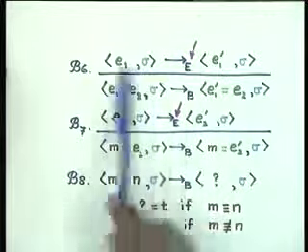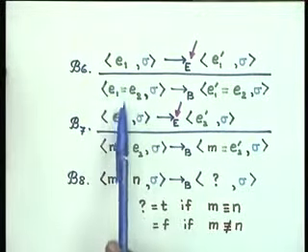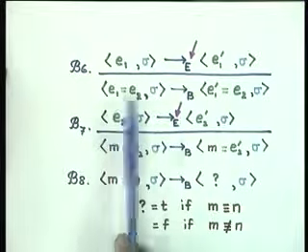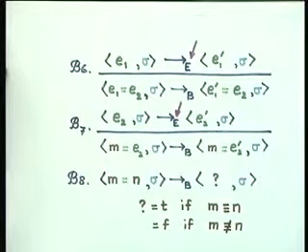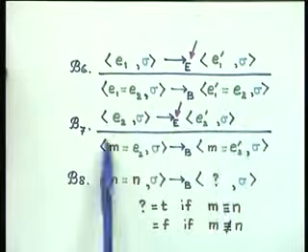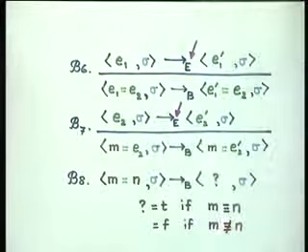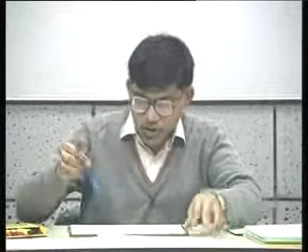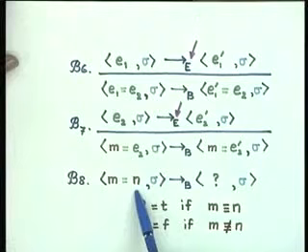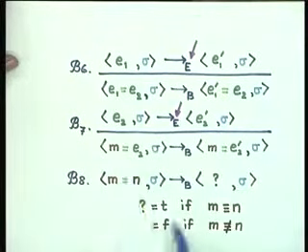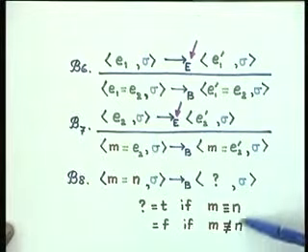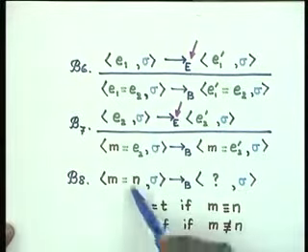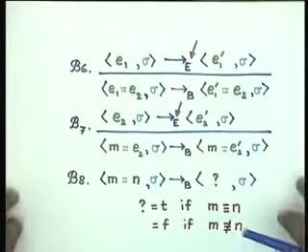You would apply B6 several times, which means you would evaluate the left operand of the equality till it converges to some integer value, and then you would evaluate the right operand till that also converges to some value, and you would check the equality of these two based on the fact that m and n, since they are in the underlying machine as patterns, if they are identical as patterns, then it would be true, otherwise it would be false.